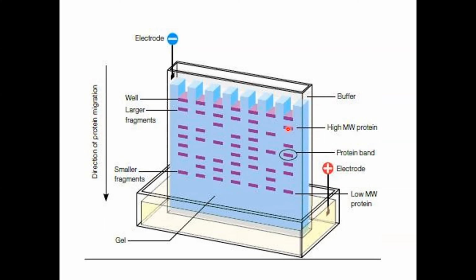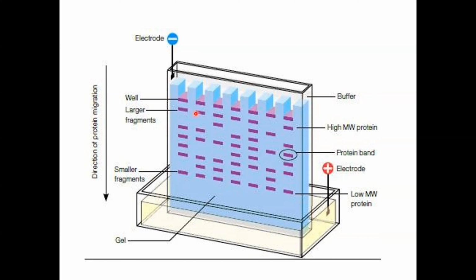At the upper part, you could see the high molecular weight protein, the protein band. You can see a very continuous high molecular band here. And this is the smaller fragments at the lower part. The direction of the protein migration is from the top to the bottom.